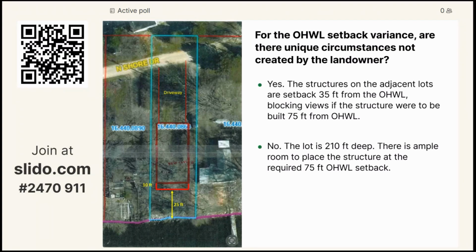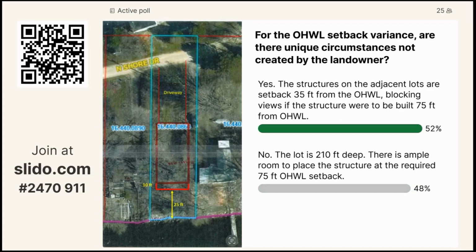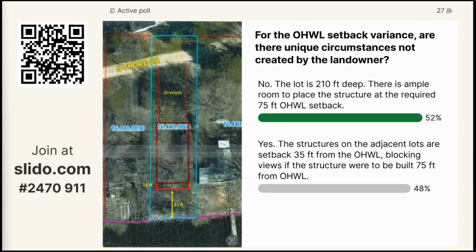But take a look at both of these and decide which one you think is the best response for this criteria of unique circumstances. In this case, both of these are good answers and findings because they rely on factual data. They are supporting themselves with factual data, which is an important item for a quality finding.